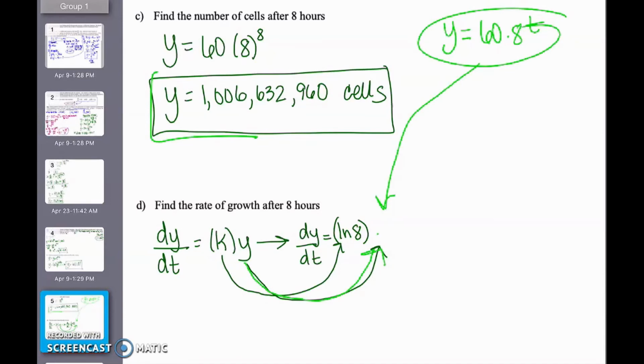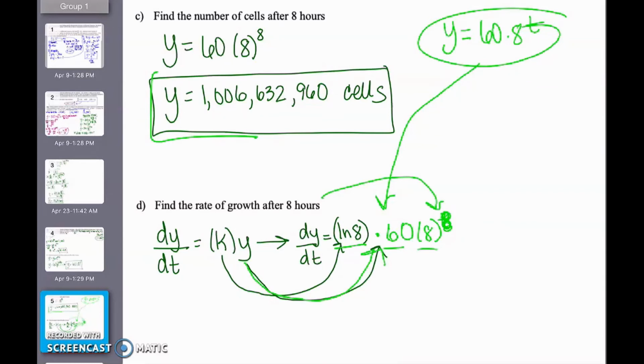So I'm going to plug that in. Okay. And when I simplify that, I grab my calculator, I'm doing natural log 8 times 60 times 8. Oh, and sorry, I shouldn't have put t here. I should have put 8, right? Because it's after 8 hours.